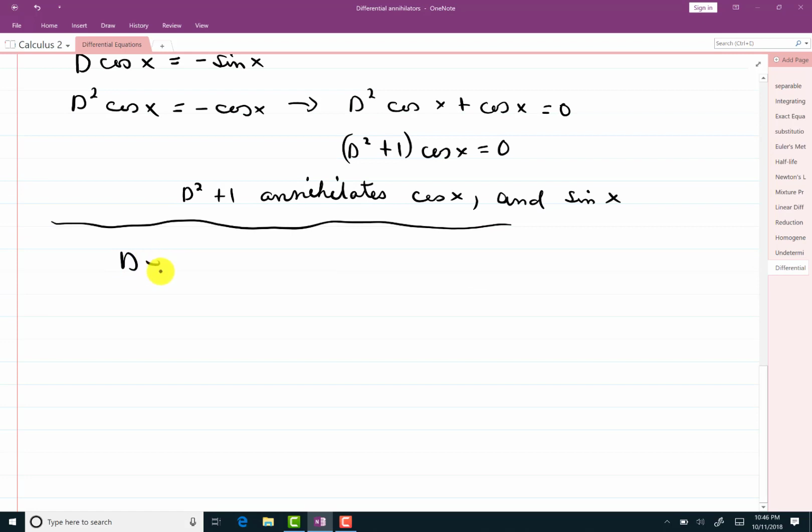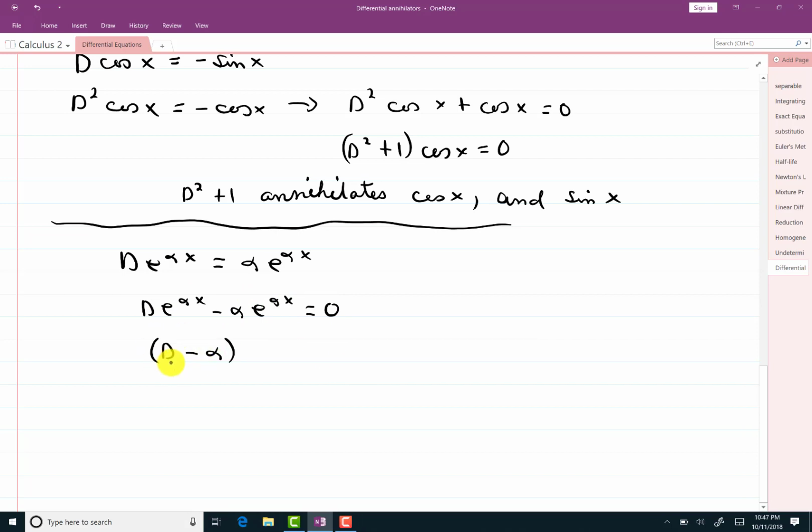d of e to the alpha x, when you take the derivative of this, you're going to end up with alpha e to the alpha x, which is very close to what we had initially. Let me subtract the alpha e to the alpha x, and I'll get d e to the alpha x minus alpha e to the alpha x equals 0.